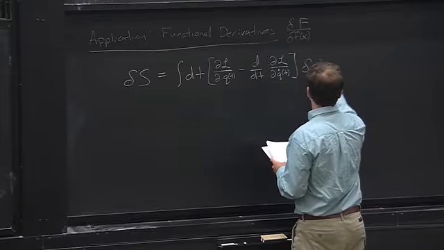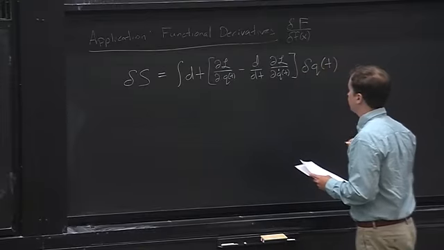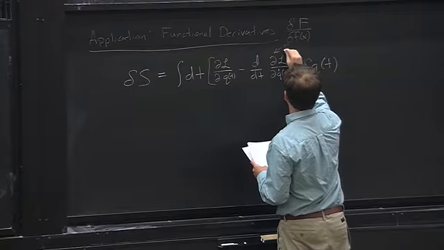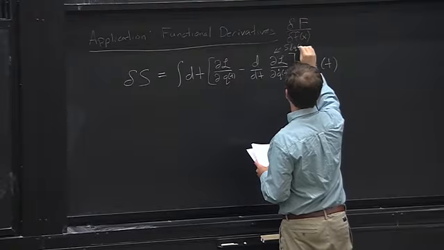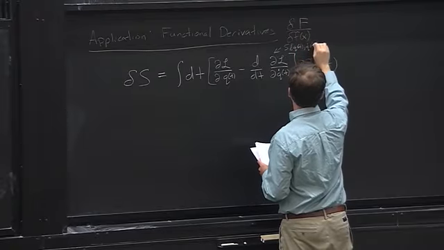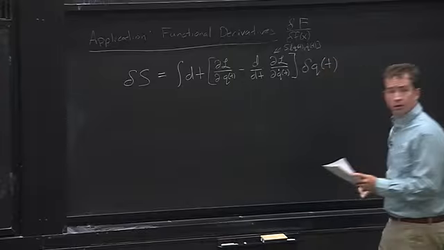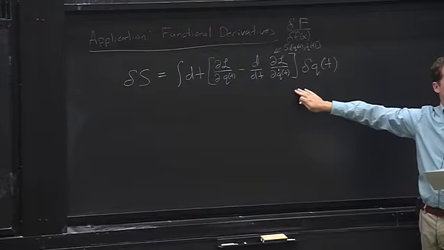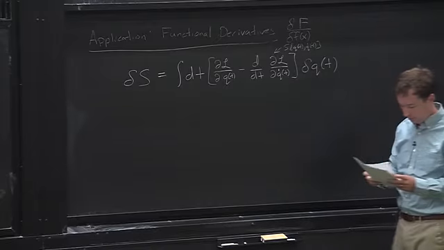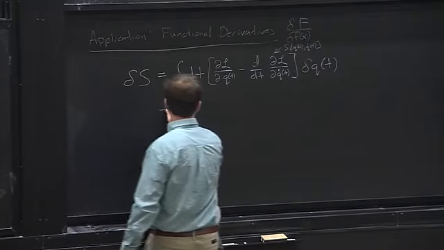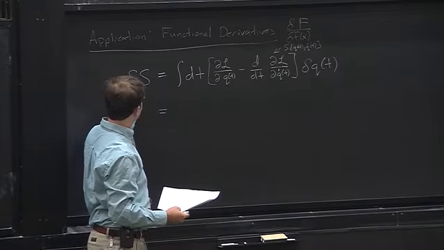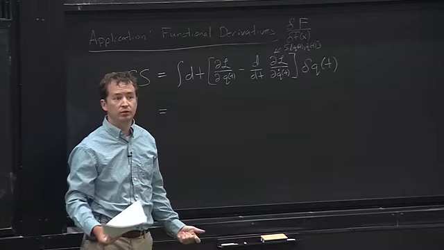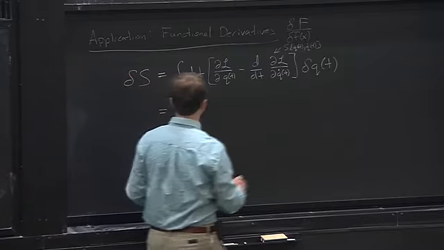Times variation of q. So this was assuming here that S was a function of q and q dot. David showed that to you in his classical mechanics course. This procedure he described, where you compute the variation, is entirely equivalent to computing the functional derivative.